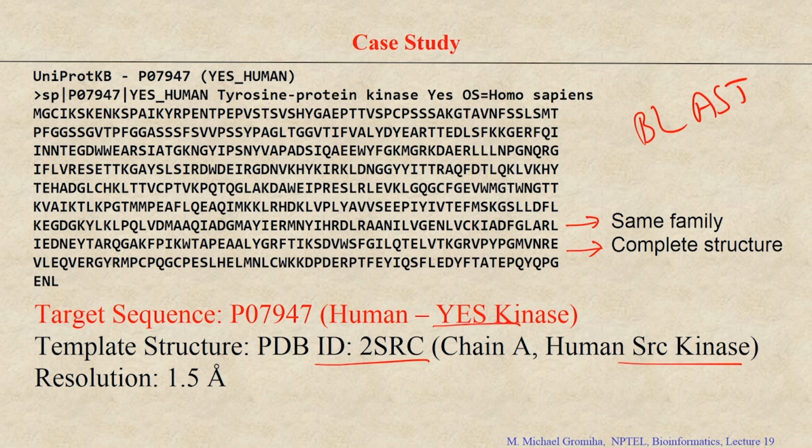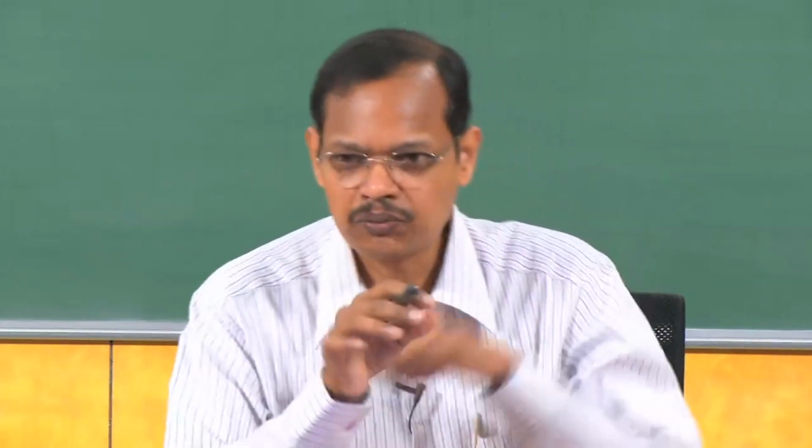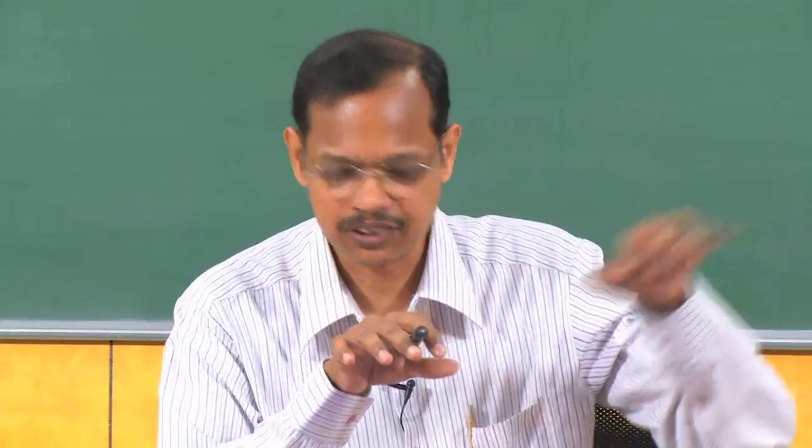And then look at the resolution of the template you choose. There should be a high resolution, not low resolution structures. It is 1.5 angstrom, so it is fine. Another aspect is, even if you get less identical templates, you check whether they are structurally similar. For example, if you have binding sites, check that those sites and regions are properly aligned, and whether there are any specific motifs.